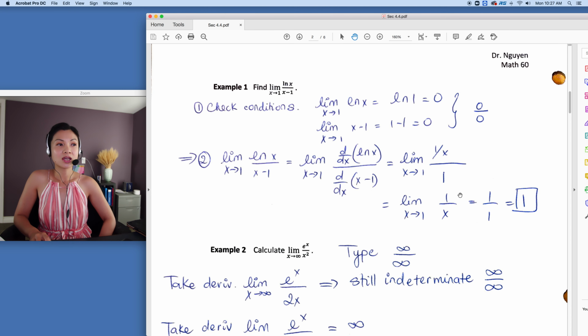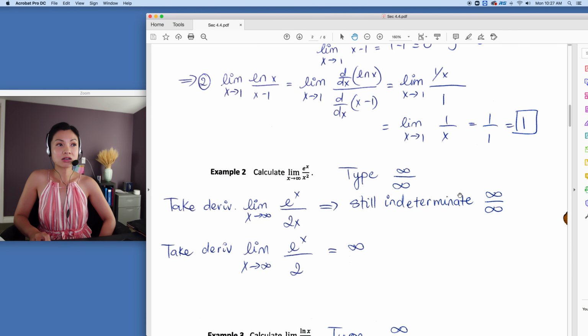Example 2. You see right here, I have to check the condition. The limit of e to the x as x approaches infinity goes to infinity. On the bottom, we got x squared; as x approaches infinity, we get infinity. So it's indeterminate, infinity over infinity. Therefore, I'm allowed to apply L'Hopital.